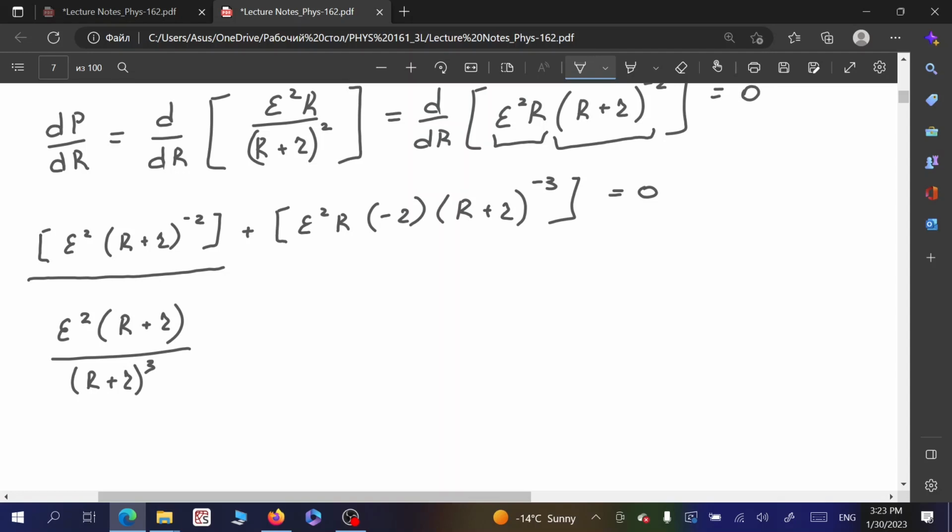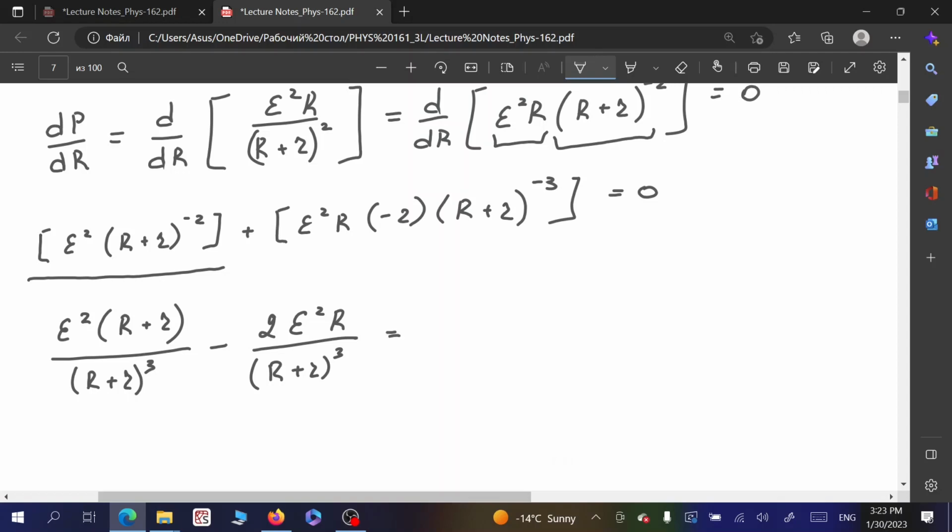Then we take into account this minus, so it will be minus 2 epsilon square times R divided by (capital R plus R) in third power.